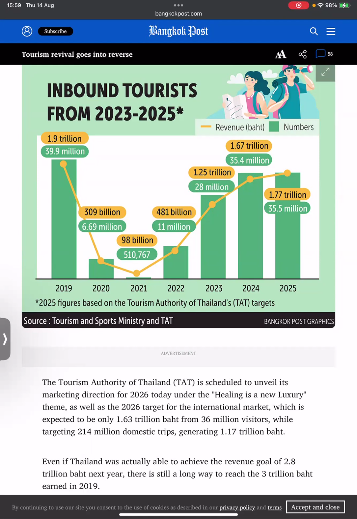If you look at the difference between 2019, 5 years ago, that would be 2020, right? We don't have to go all the way to 2019 because 2025 minus 5 is 2020. So if you look at the change in the number of tourists from 2020, it's actually on an uptrend.